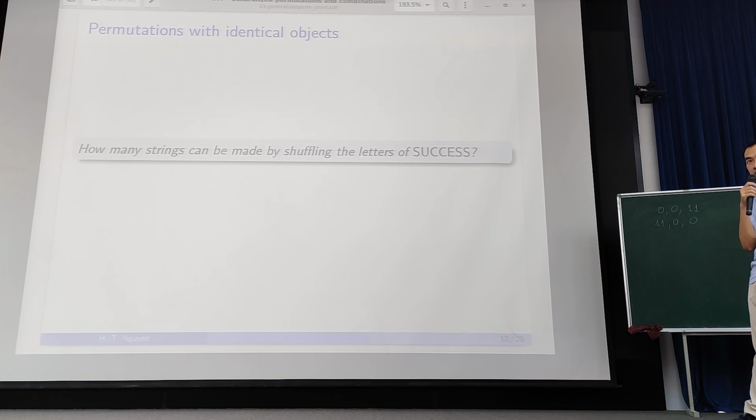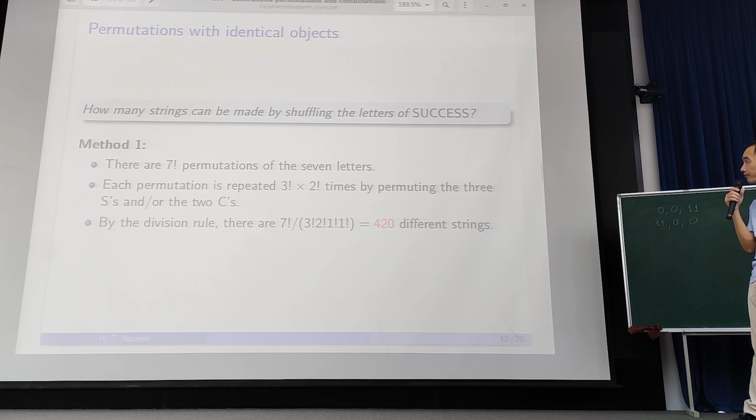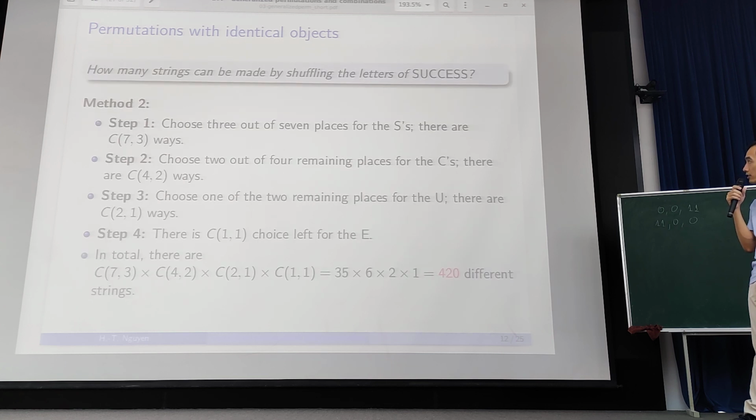You can derive a sequential procedure to get the result. First you have 7 places. You first choose the places for the 3 S's. Since the S's are the same, the order doesn't matter, so we only have to count the number of ways to choose 3 places, and then you put the letters S into those 3 places.